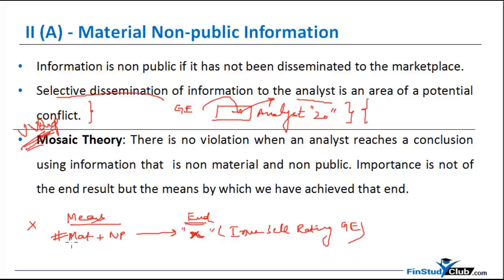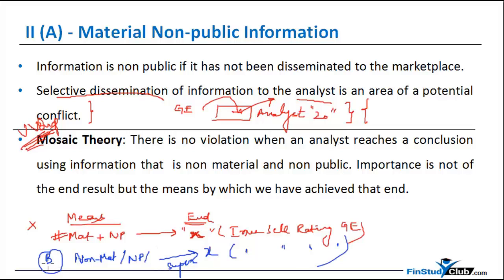But what if another analyst, called B, by using information which is either non-material or non-public, or both, by his superior intelligence and analysis, also reaches the same conclusion and is actually issuing a sell report on GE?